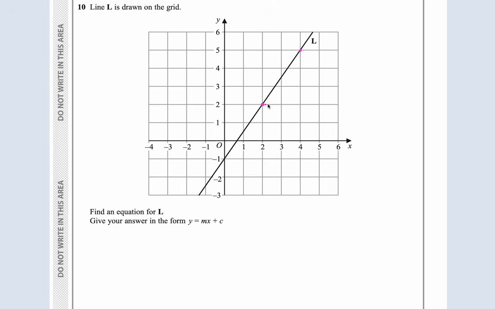And then you go across 2 and up 3, which means the gradient is 3 over 2. And then the y-intercept is negative 1. So the equation of the line is y equals 3 over 2 x minus 1. That's it.